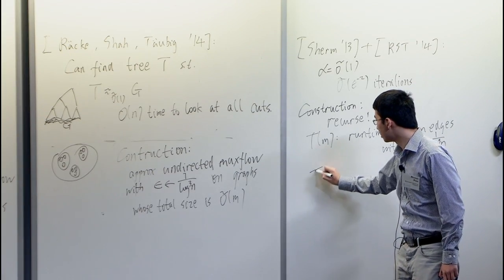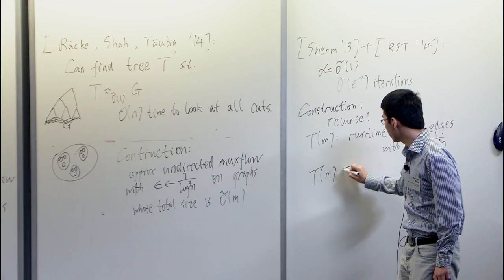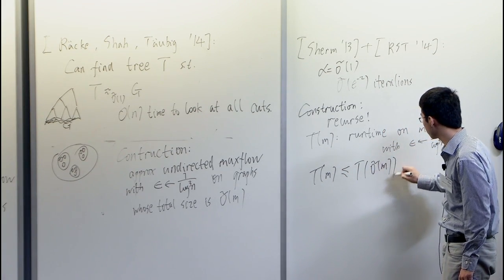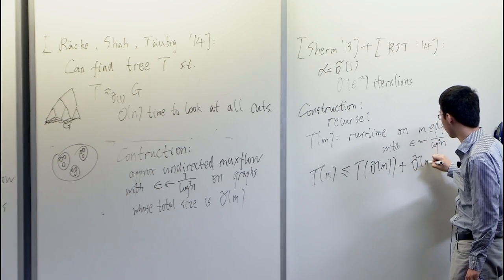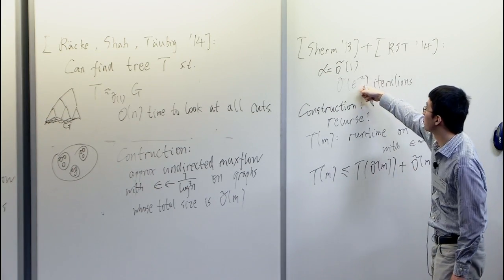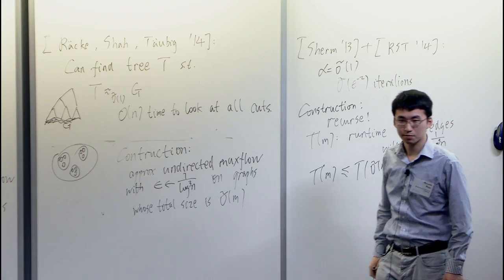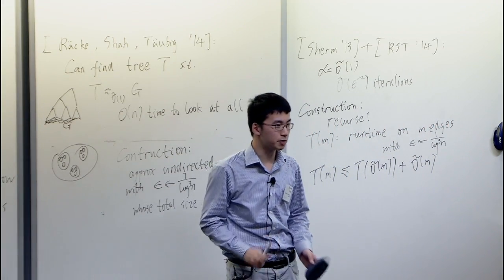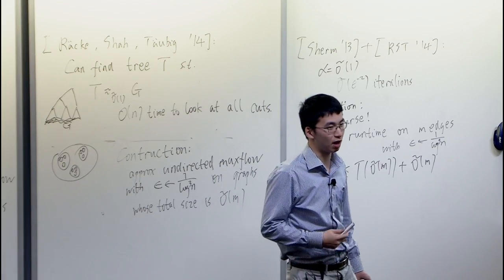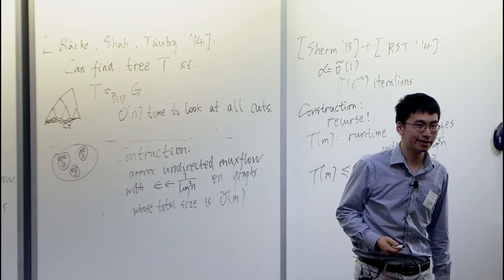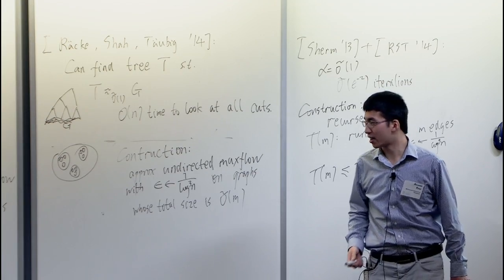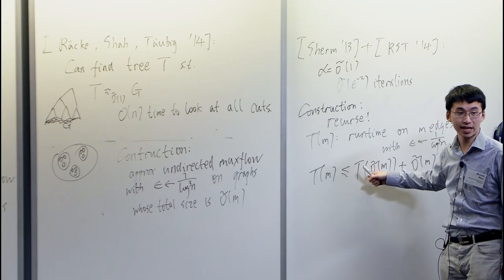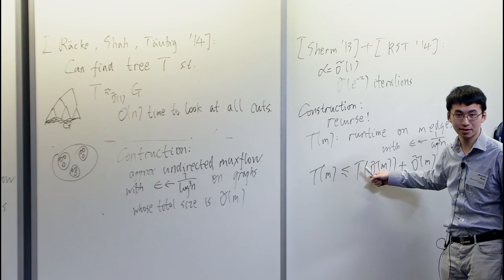So what I get then is T of m is less than or equal to T of Õ(m) plus Õ(m). This Õ just comes from here. So I've just done two of the biggest no-nos when describing recursive algorithms. The first is that I'm putting an Õ inside the total size of the instance that I'm recursing on.